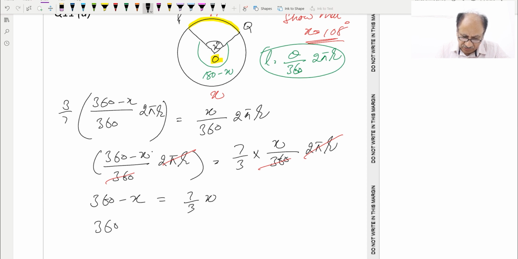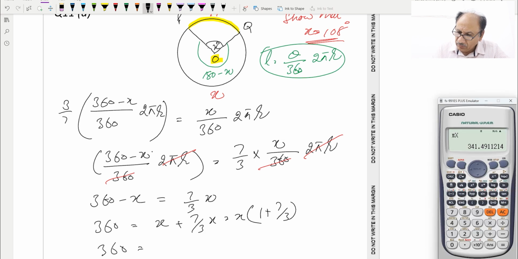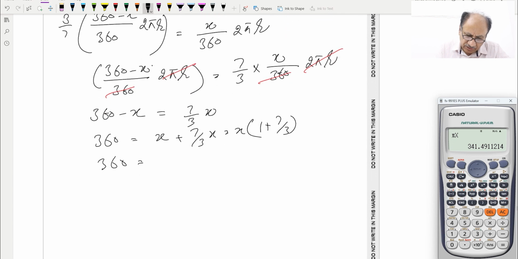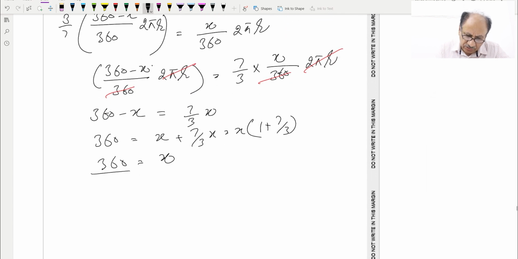We can send x to the other side, so it will be x plus 7 by 3x, and we can take x common. Inside will be 1 plus 7 by 3. So 360 will be equal to 3x, so 3x will be equal to 360 over 1 plus 7 by 3.